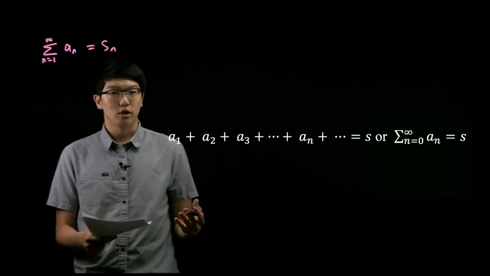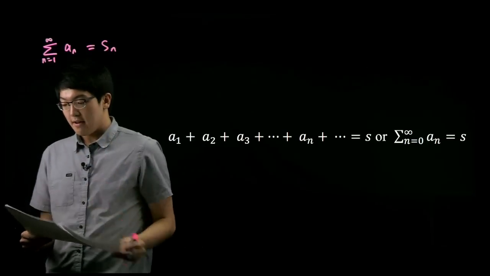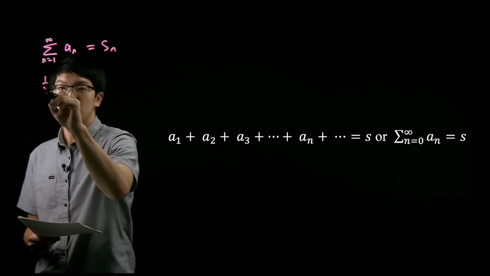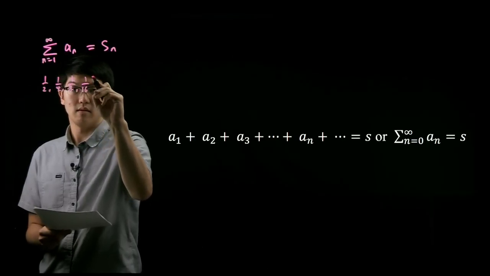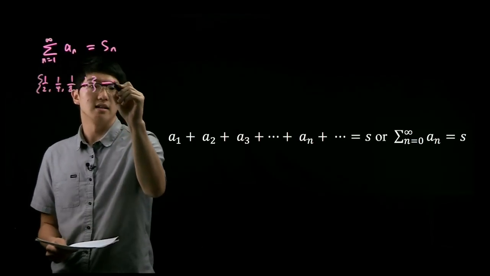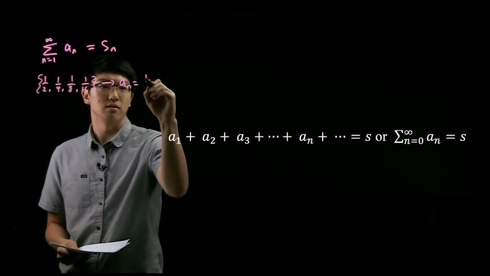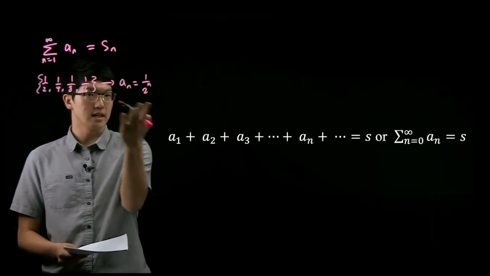So let's take a simple look at simple example. If we have sequence like this, then we will write it as an equals 1 over 2 to the nth power. That's sequence, right?